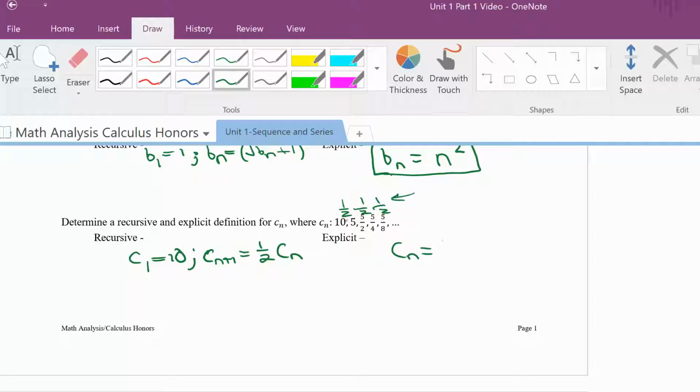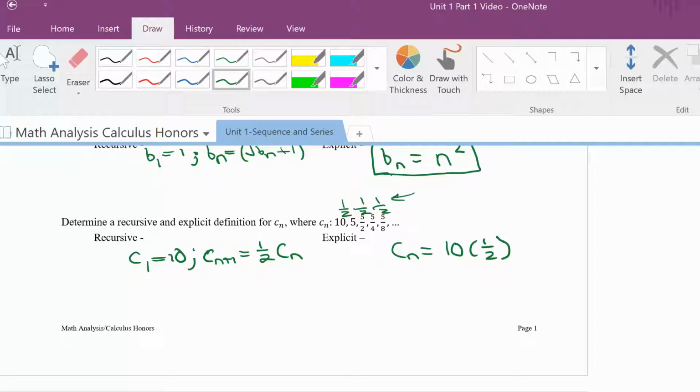All right, now how do you get from 1/2 to 10? Well, 20 times 1/2 is 10, but also if you start with 10 and you multiply 1/2 to the 0 power, you're going to get 10 times 1. And if you multiply 1/2 to the first power, 10 times 1/2 is 5.